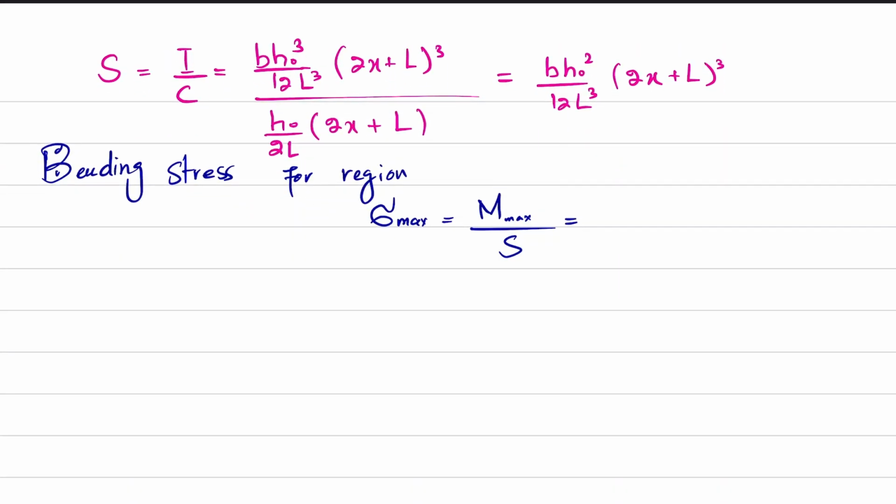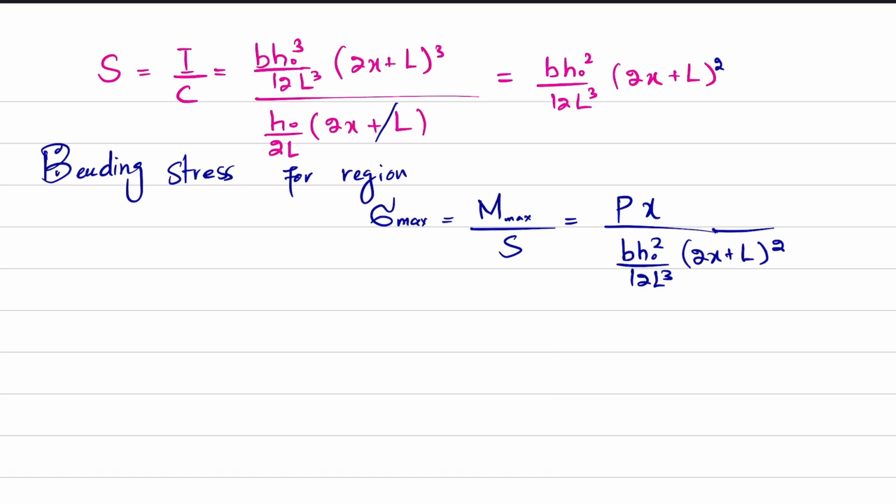So you can just put the value P into x divided by section modulus, which is b h naught square over 12 L cube into (2x plus L) whole square. This is square because, sorry, you can see that this will cancel with one of the (2x plus L) factors. So this is square. Let me correct it.